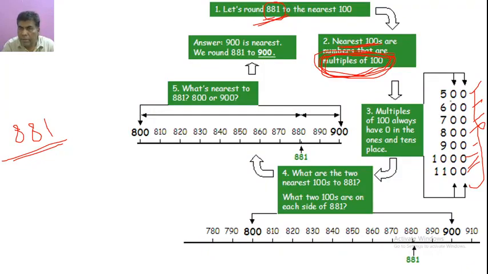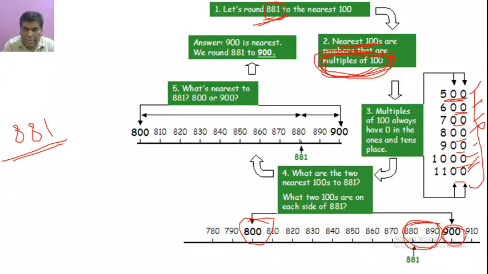What is common? The tens place and units place have zeros. Now where is 881? Between 880 and 890? No, between 800 and 900.